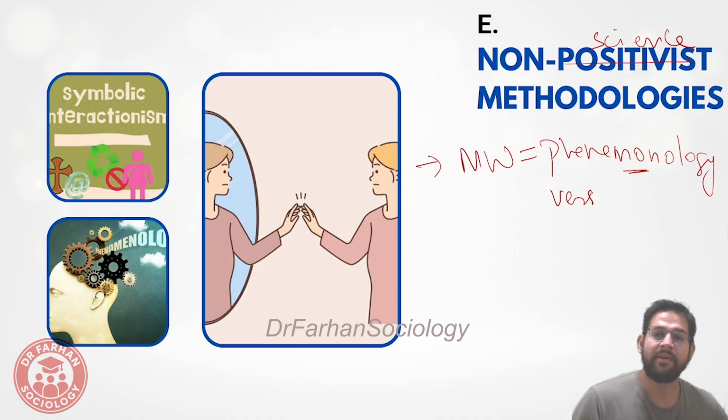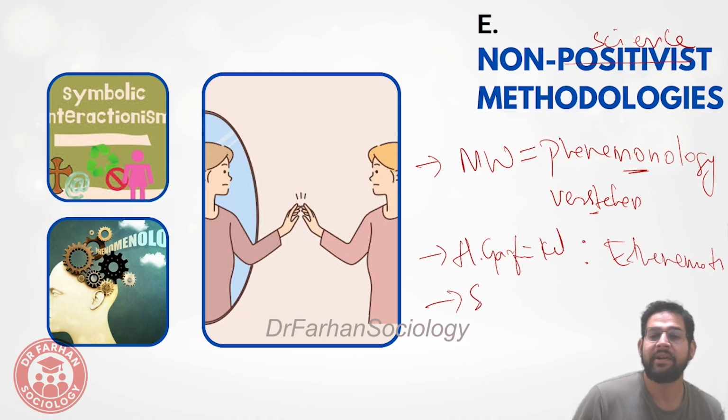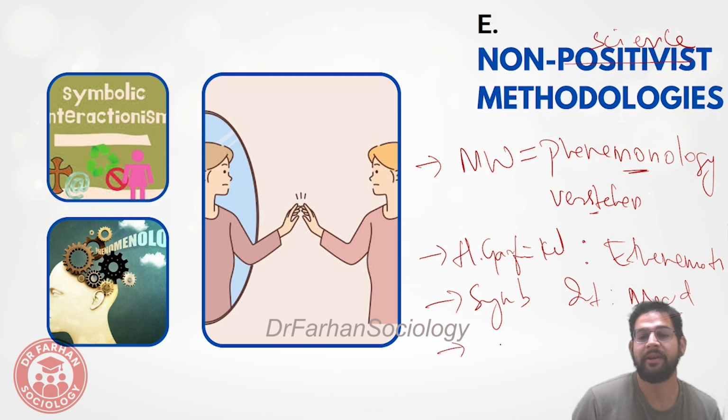There are other views such as post-positivist methodology. And then there was another sociologist called Harold Garfinkel. Garfinkel was associated with introducing a discipline called ethnomethodology. And then we are having something called symbolic interactionism. G.H. Mead is largely associated with interactionism.